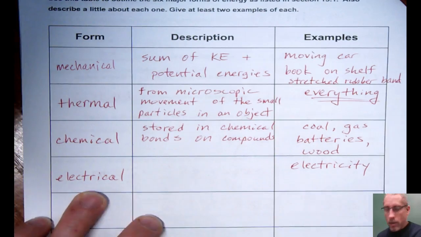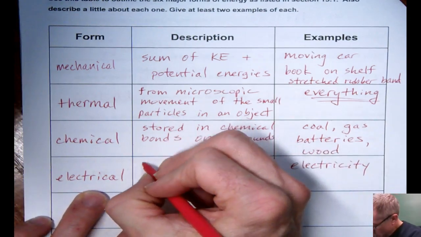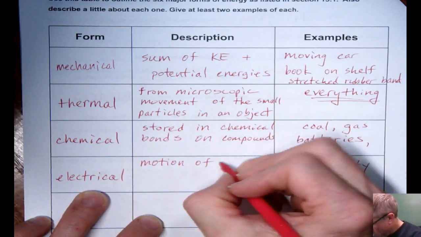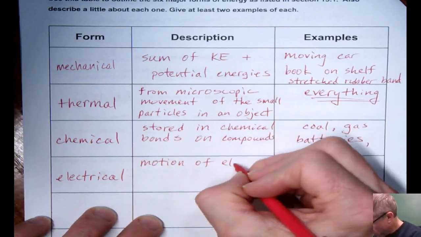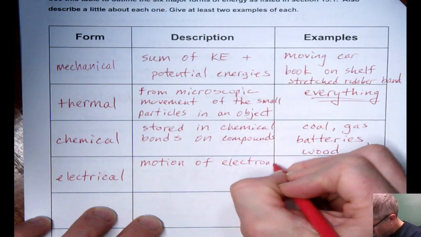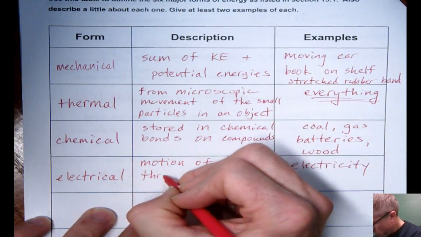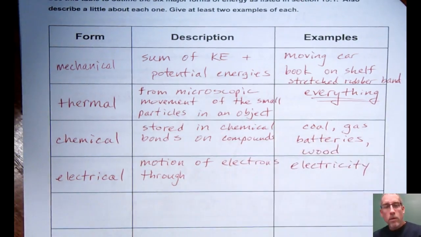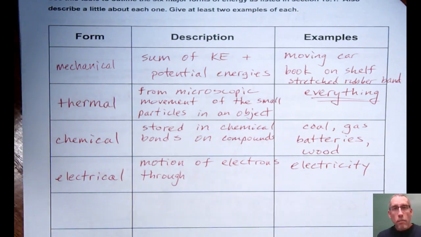But what's actually happening is this is the motion of electrons through conductors. Well, you know what electrons are. And if you remember when we talked about different kinds of elements, some were considered metals. And those metals have electrons far from the nucleus that are very, very weakly held, and so they're very easy to move.